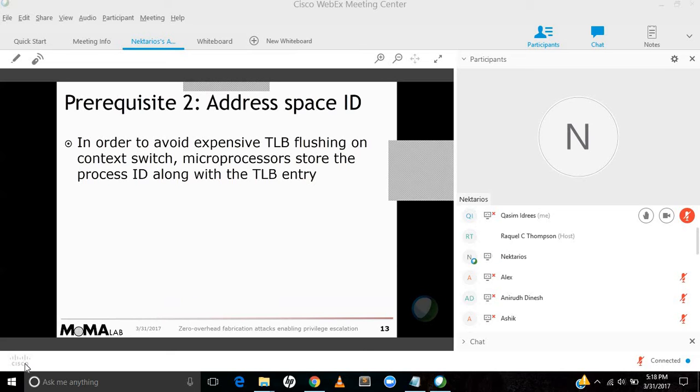Now, this is another very important prerequisite. In order to launch this privilege escalation attack on the processor, you need to have a particular hardware structure. You need to have the ability of process space IDs. So here's the idea. When you have a processor, in order to avoid the expensive translation look-aside buffer flushing: a translation look-aside buffer is a hardware cache memory that allows you to store the virtual memory address translation.